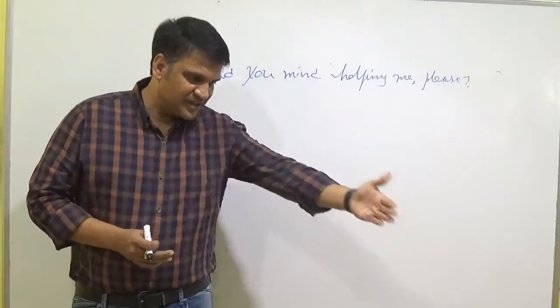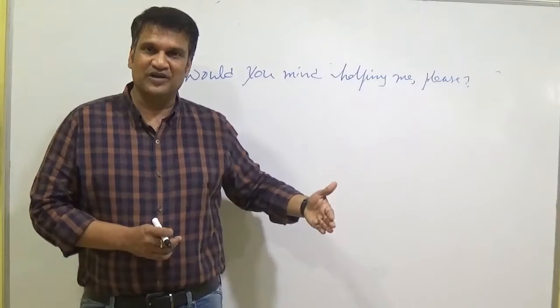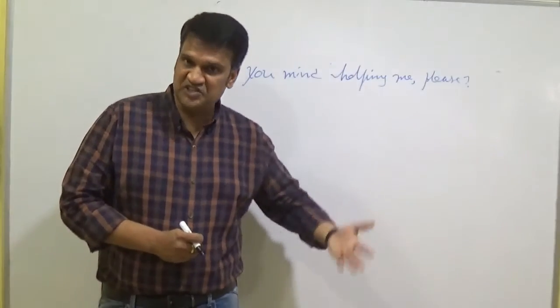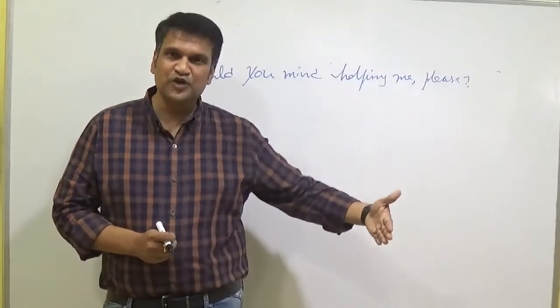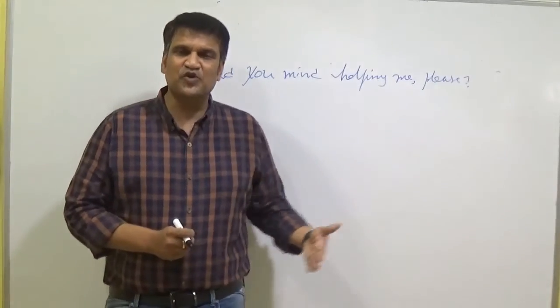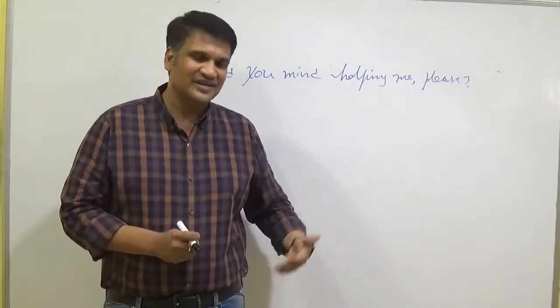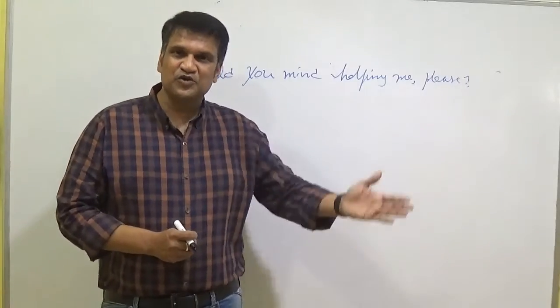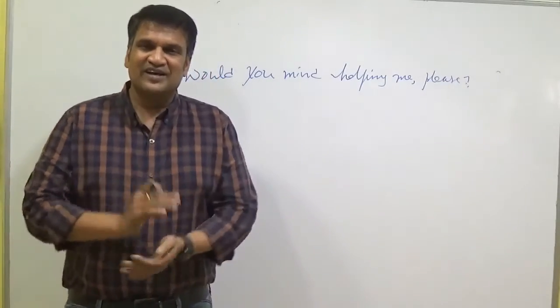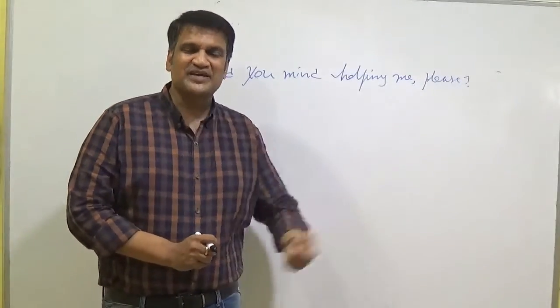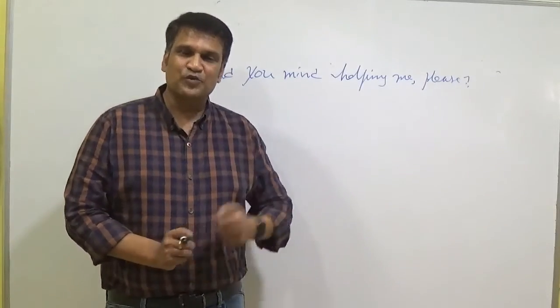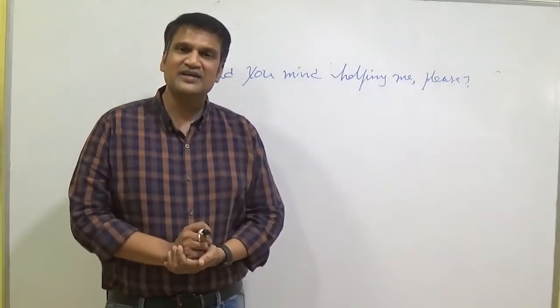Somebody is blocking your way, and he happens to be a government minister or an IAS officer, and you should request him. You cannot say, can you step aside please, or could you step aside please. We cannot make a request like that. So we can say, would you mind stepping aside please?